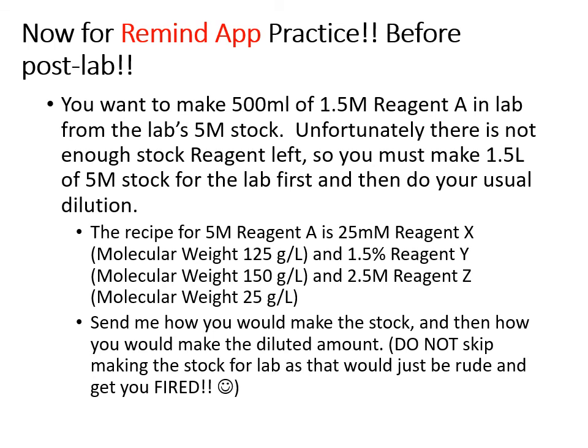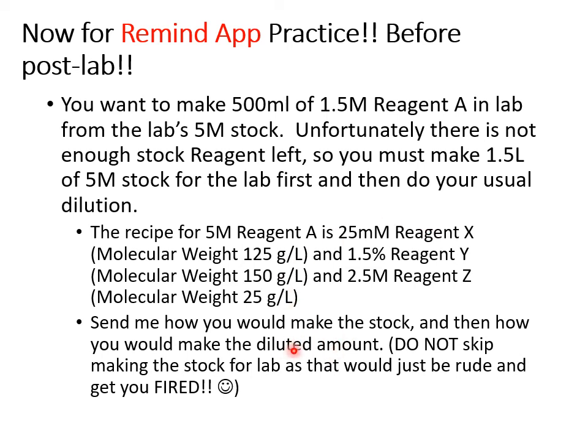Okay? I give you the recipe for the stock solution. So the recipe for the stock reagent is right here. It has 3 different components that you have to solve for and use in that recipe. After you have created the stock, you then have to make the diluted amount.